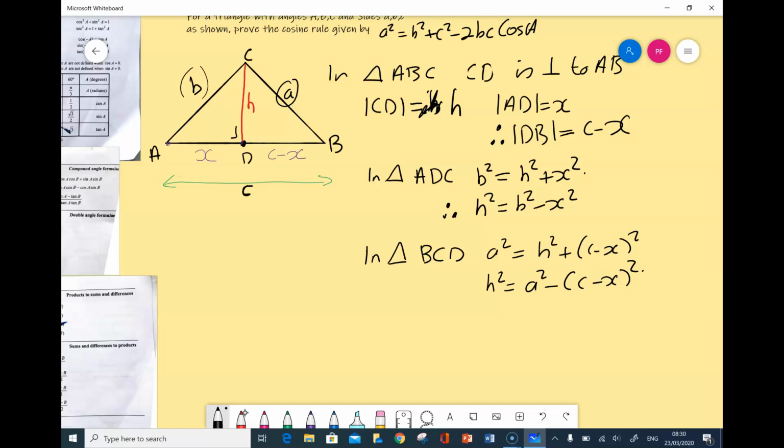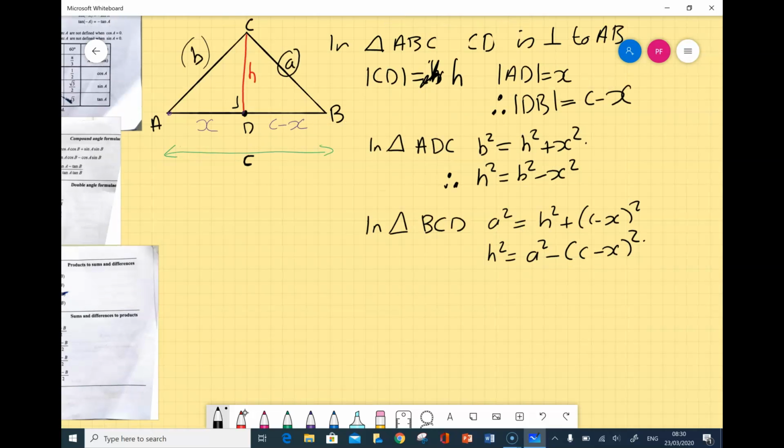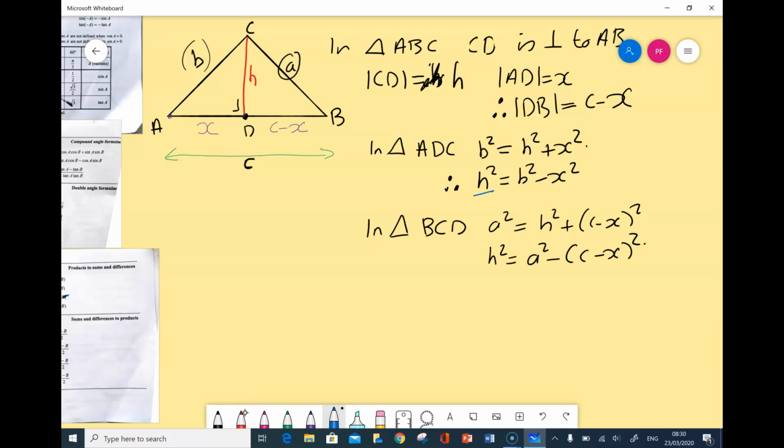Now we've got two expressions for h squared, so we can equate them, because the two expressions must be equal. Therefore, a squared minus (c minus x) squared equals b squared minus x squared.